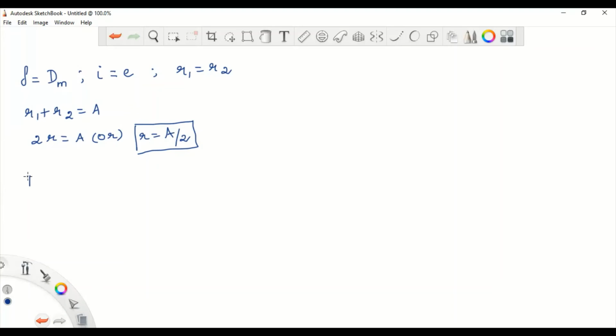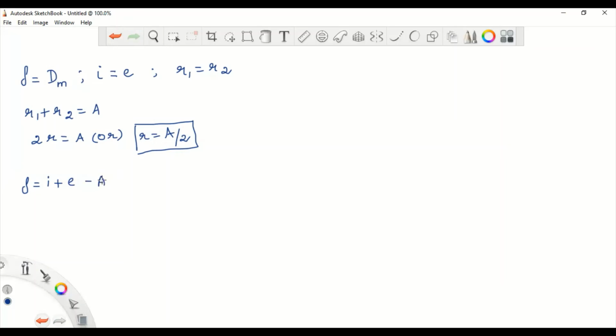The minimum deviation is equal to, that is, let us consider this expression here, children. Delta, the deviation, is equal to I plus E minus A. Okay.